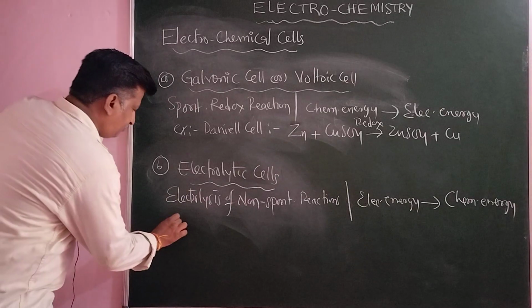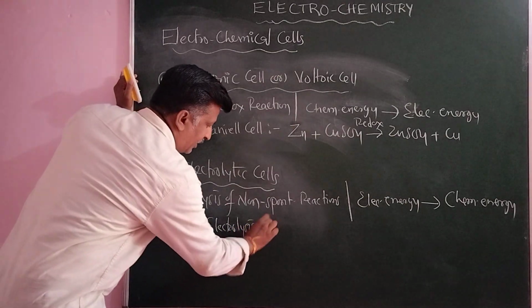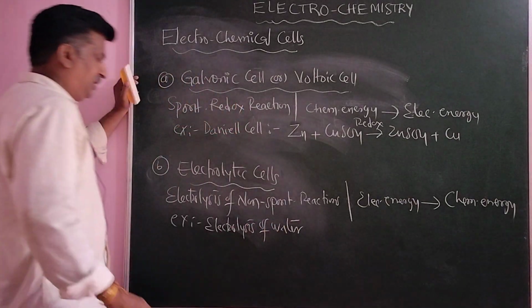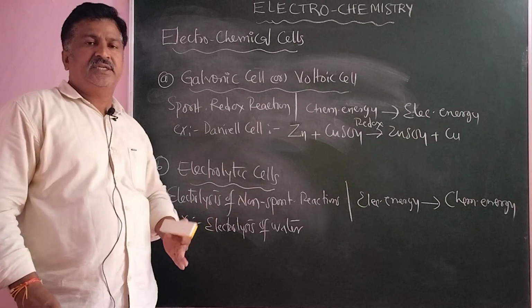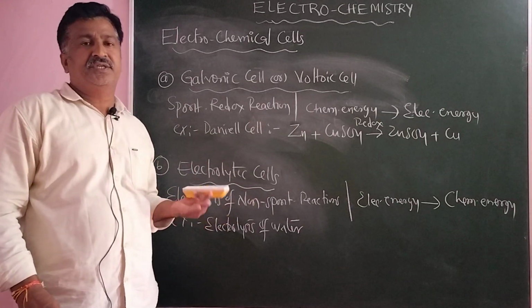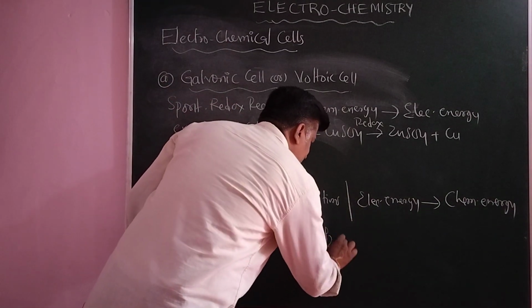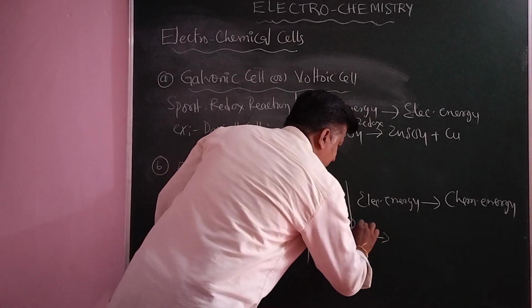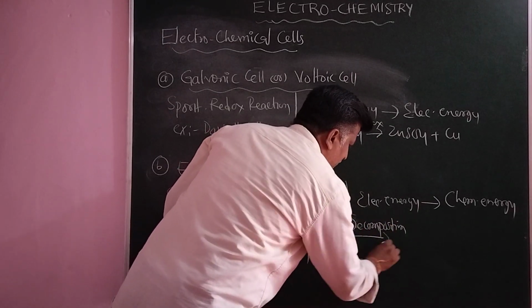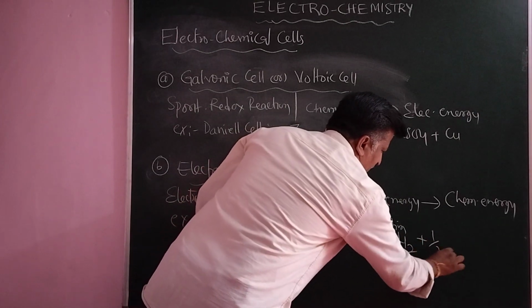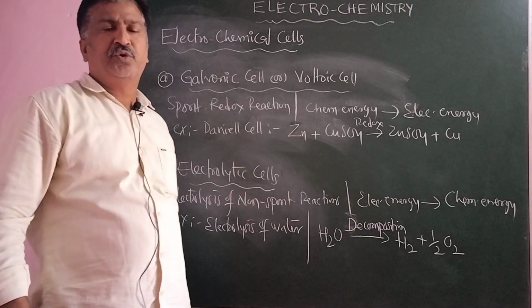For example, electrolysis of water, that is decomposition of water. The decomposition of water or the electrolysis of water, it doesn't take place on its own. It requires some initiation in the form of electrical energy. For example, water gets decomposed into hydrogen and oxygen, and this is a non-spontaneous reaction.